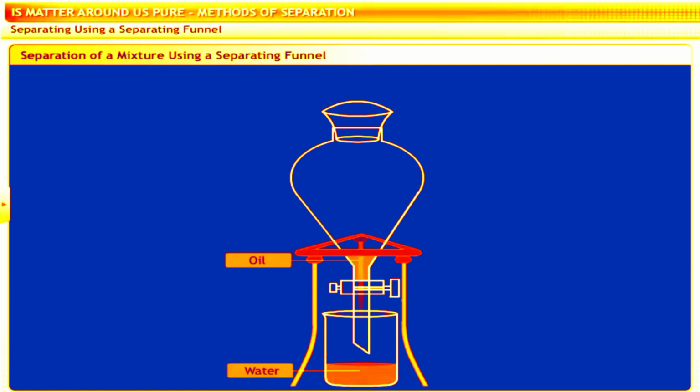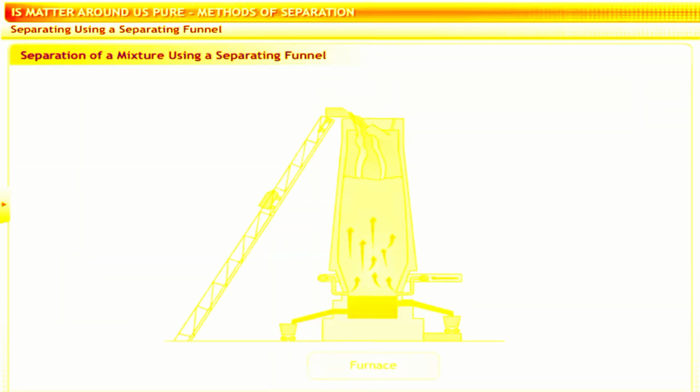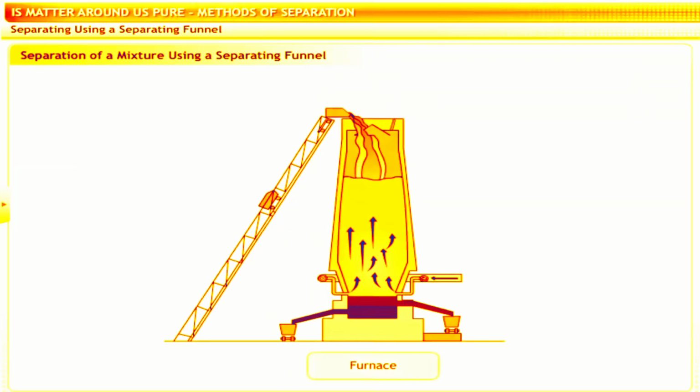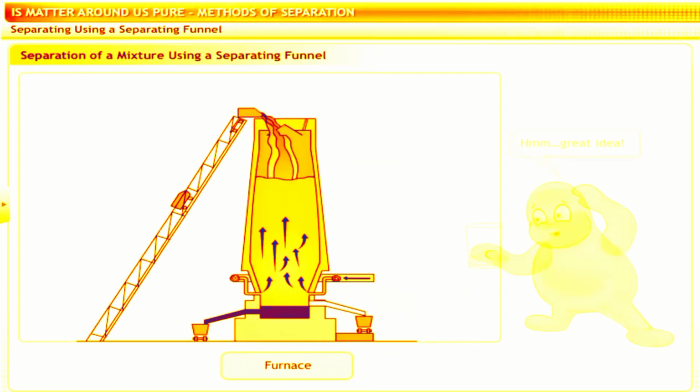You will be left behind with just the upper layer of oil. In fact, the same method of separation is used to extract iron from its ore. The slag and molten iron form two distinct layers inside the furnace. The lighter layer of slag is removed from the top and the molten iron gets left behind.